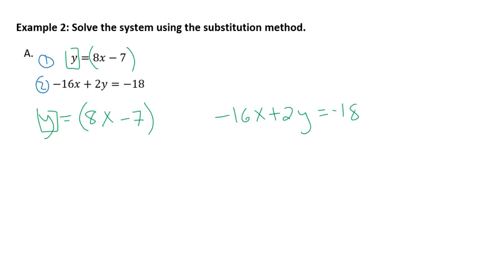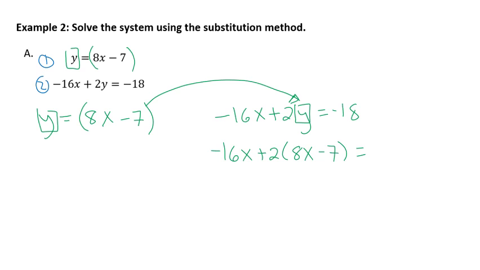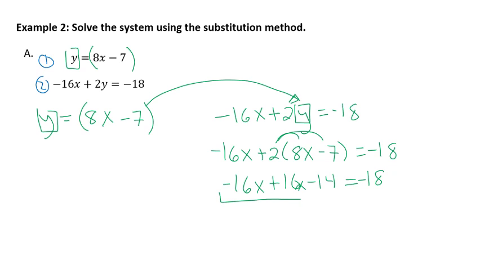In place of y, I'm going to substitute 8x minus 7. Then when we go ahead and simplify, we're going to distribute. And we actually notice that something happens here.